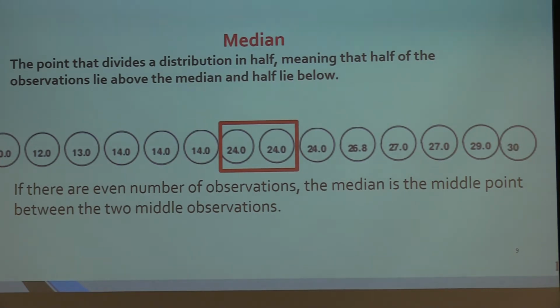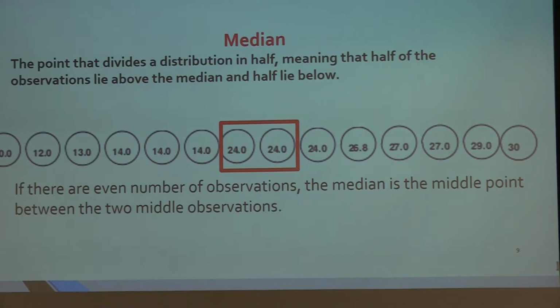For example, because we have 14 values here, there will be 2 medians, and 24 should be the median because it's in the center. If we have an odd number of values, the median should be only 1. It's not difficult to understand, right? But anyway, the mean is more important in experimental studies.